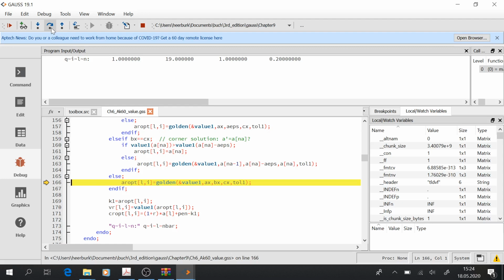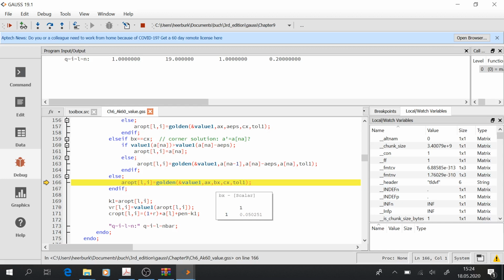So what we do now is we use the golden section search algorithm to compute the maximum of the right-hand side of the Bellman equation, which is computed in the procedure value 1, in the limit 0 and 0.1, and we also provide a midpoint 0.05.